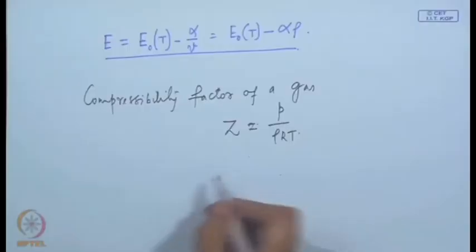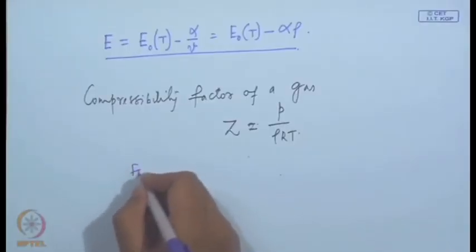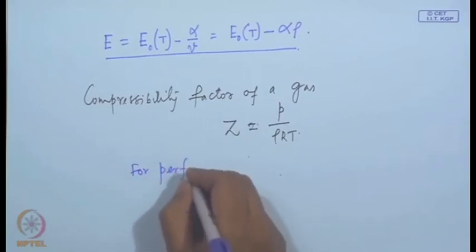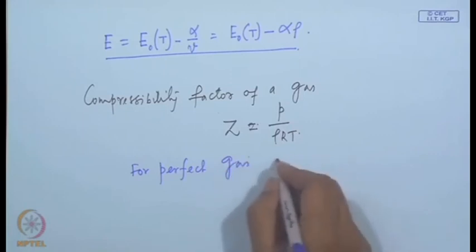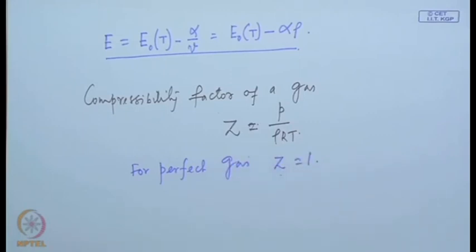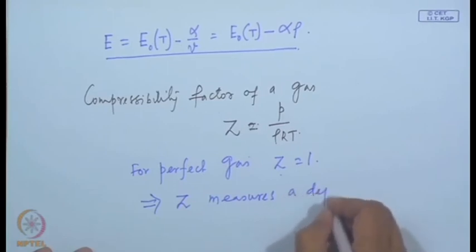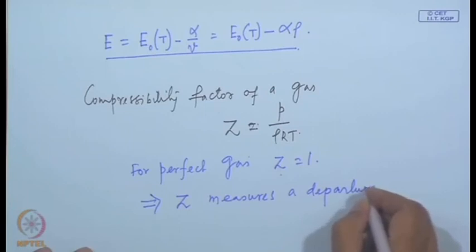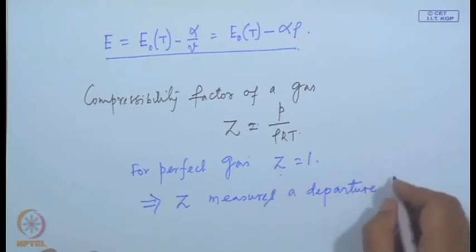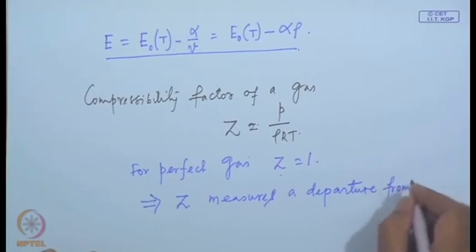So, you can see that Z measures a departure from perfect gas behavior.